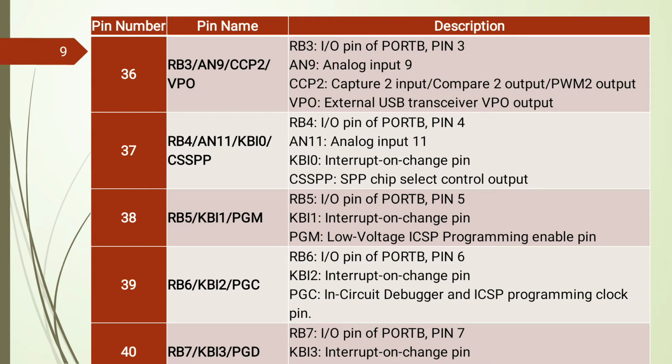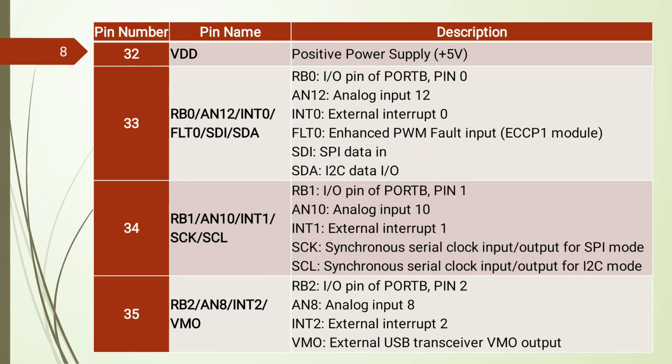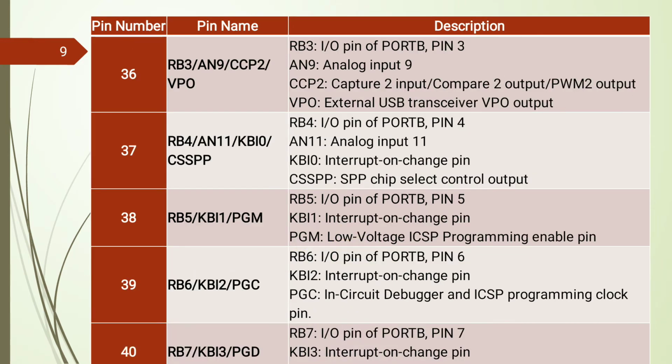The sequence is somewhat changed as mentioned in the pin diagram, and analog input 11, analog input 8, analog input 10, analog input 12. So now port B consists of the additional analog input pins. This is the additional pin function of the PIC18F series. So these are the various functions of the pins.